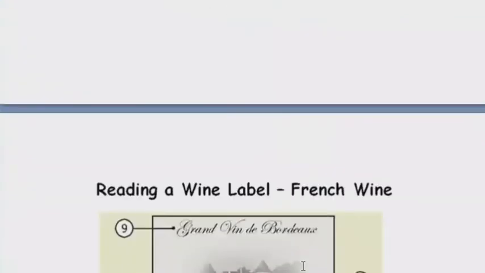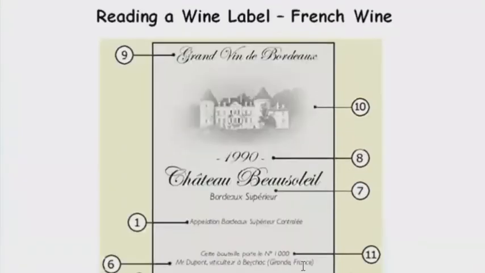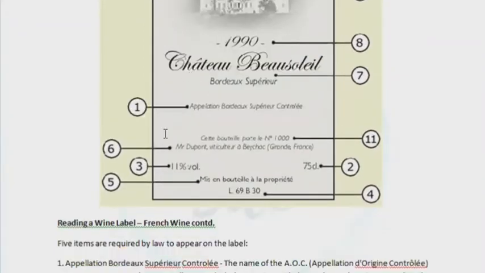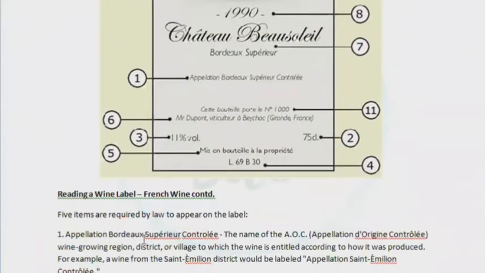All right. Reading a wine label, French wine. Written over here: Appellation Bordeaux Contrôlée. This is the name of the AOC. Appellation d'Origine Contrôlée is the growing region, district or village to which the wine is entitled according to how it was produced.